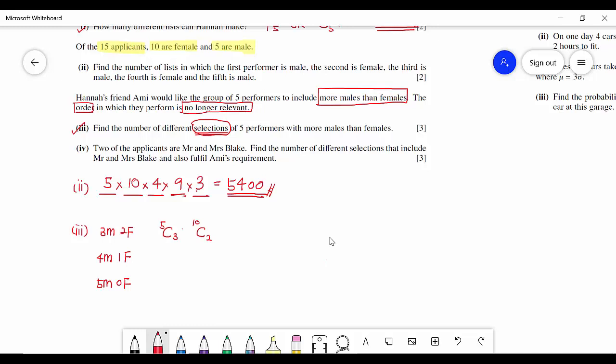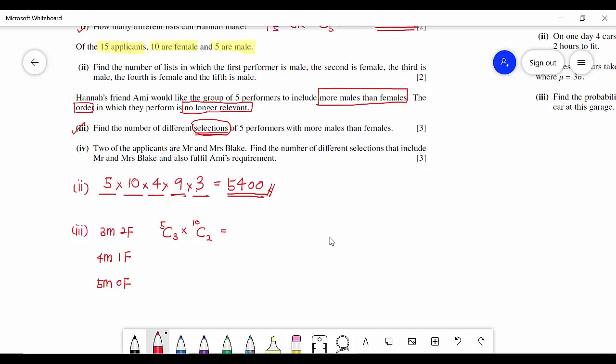You need to multiply them. Why is it a multiply? Because this multiplier makes a complete case. If you only have 5C3, that means your group only has males. You don't have any females yet. So you have to multiply them so that you have both males and females in the group. So 5C3 multiplied with 10C2. You'll get an answer.